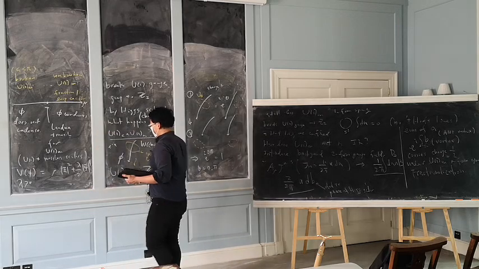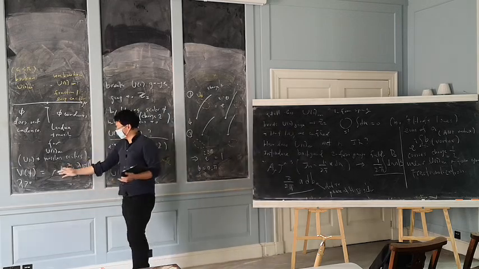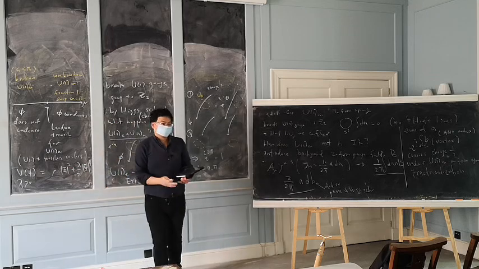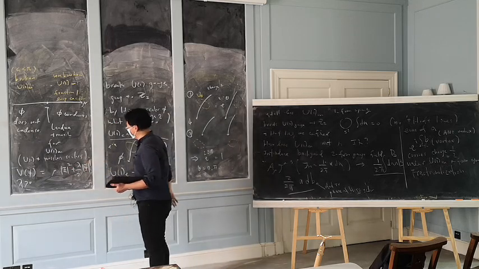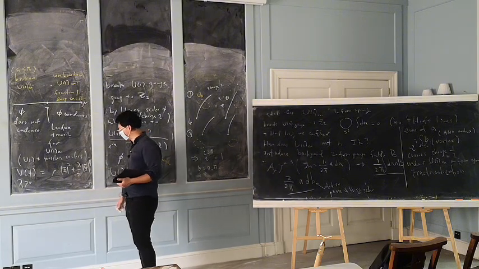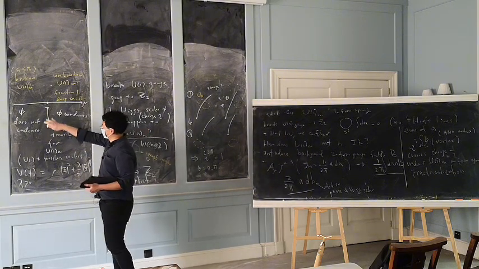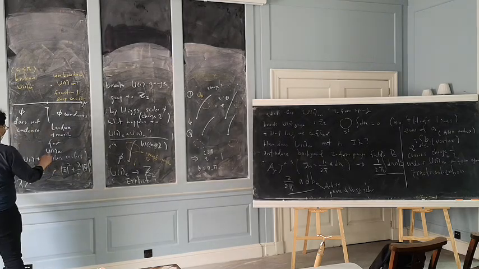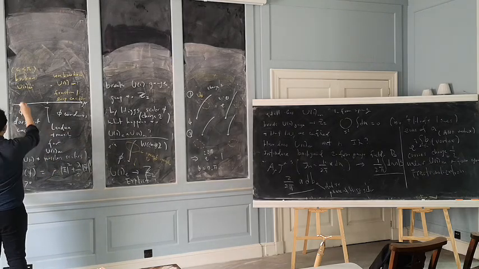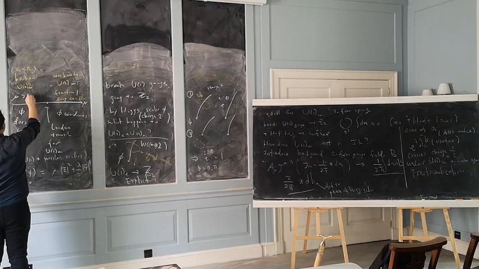If mu is positive, then the potential is minimized by phi equal to 0, because the potential is strictly non-negative. And this corresponds to the case where phi does not condense. Okay, this is mu positive.